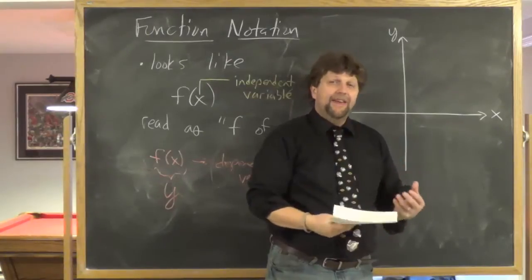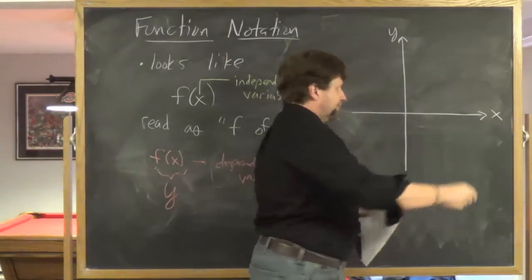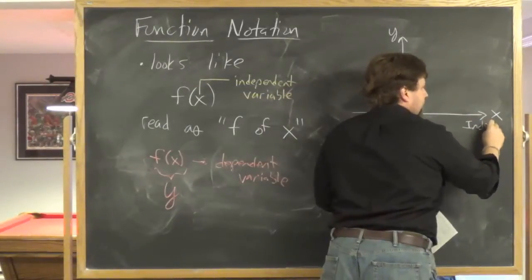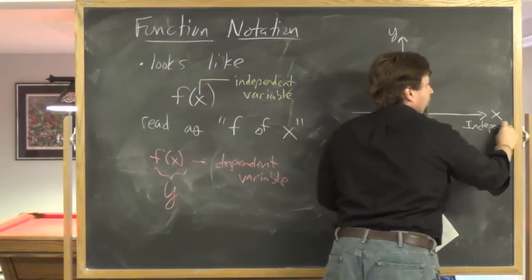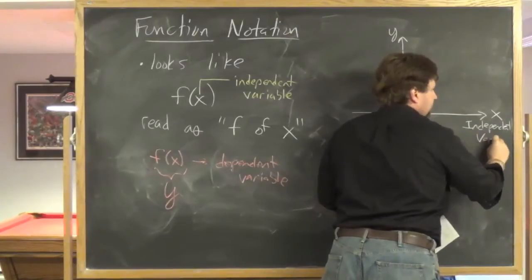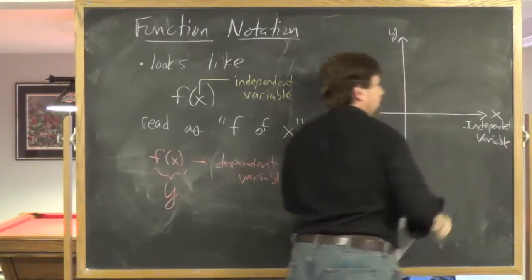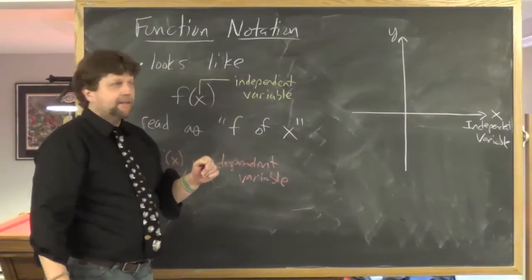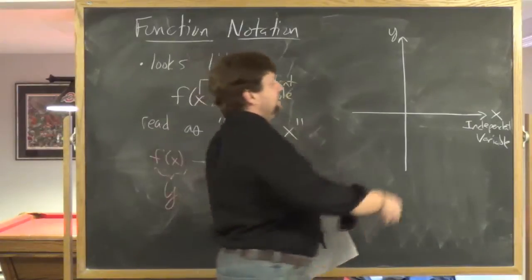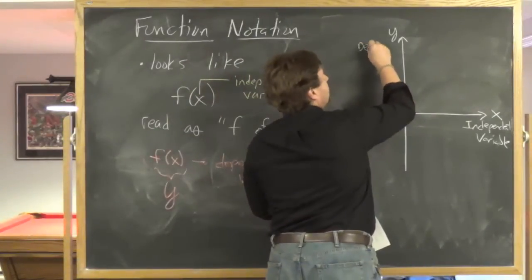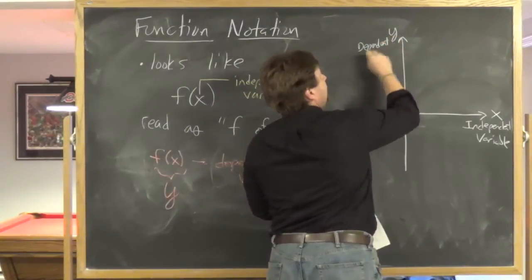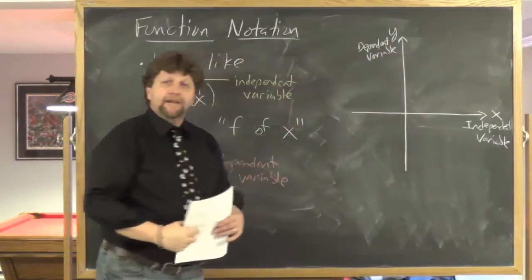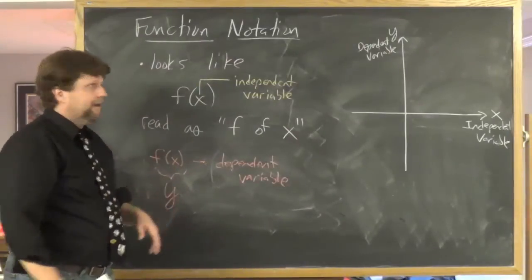It's okay to still think that, but in general, the horizontal axis is labeled with the independent variable. And most of the time our independent variable is x. Your vertical axis is labeled with the dependent variable, f of x, or y.